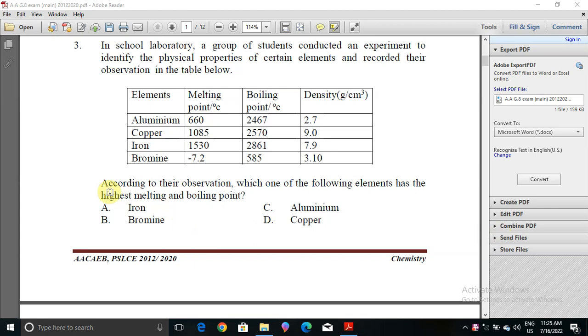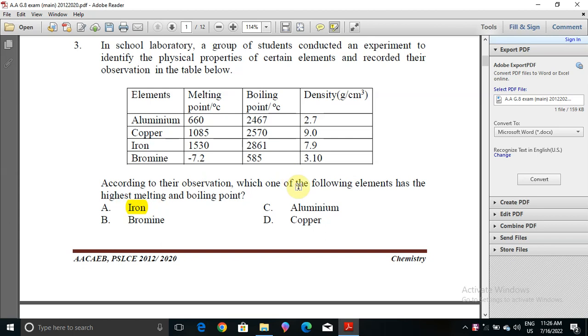This question is asking, according to their observation, which one of the following elements has the highest melting and boiling point? So now we want to see which number is the highest. It will be iron, right? Because the melting point is 1530 and the boiling point is 2861. So that means iron has the highest melting and boiling point.